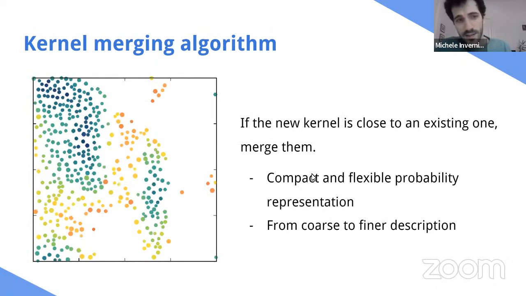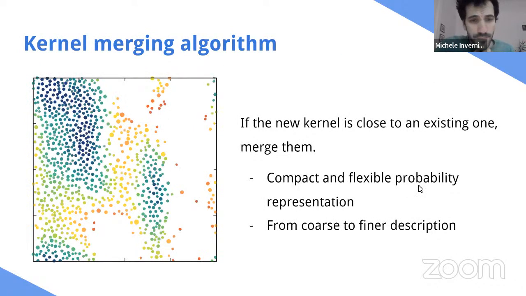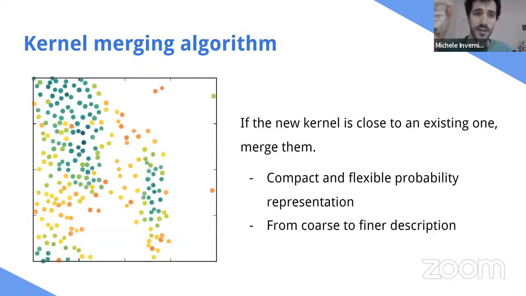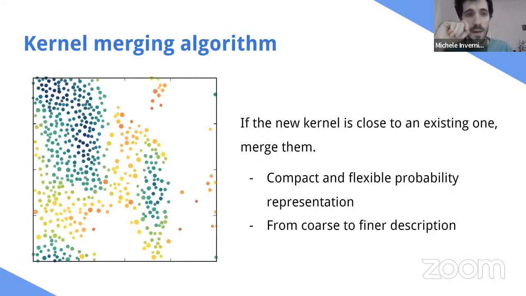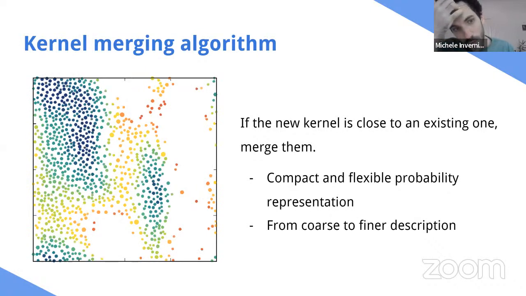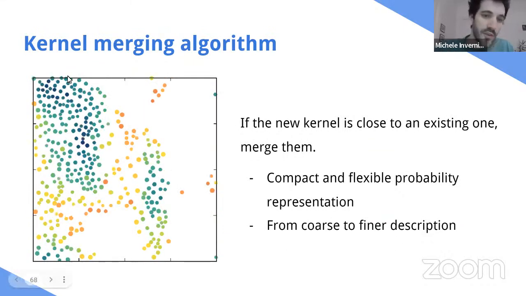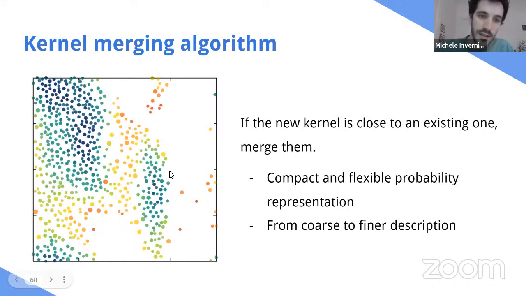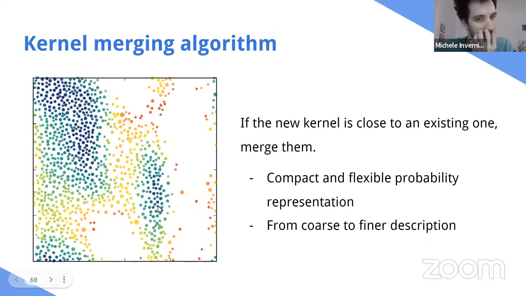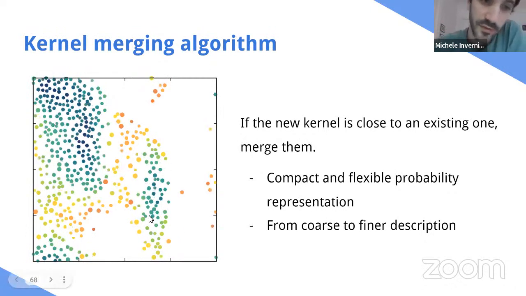You can visualize this. This is again alanine dipeptide. Basically, when we need to add a new kernel to our estimate, if there's already another kernel close to the place, we instead merge the two kernels. So instead of having to build, for instance, a grid, this only places a kernel in the regions that have been visited by the simulation.